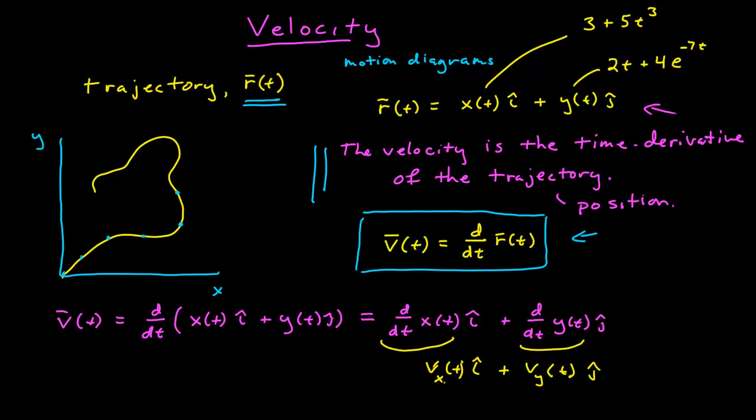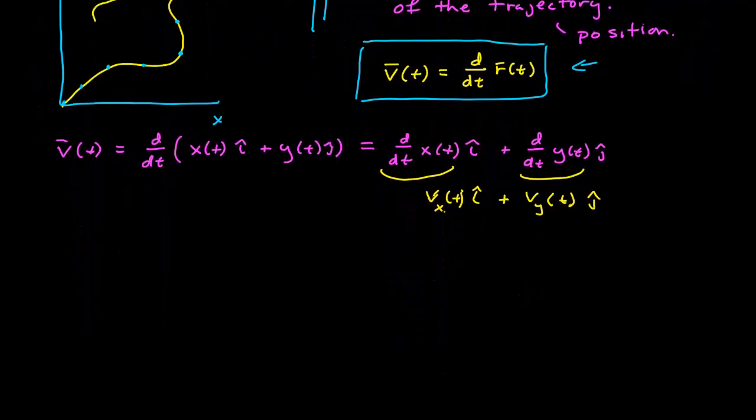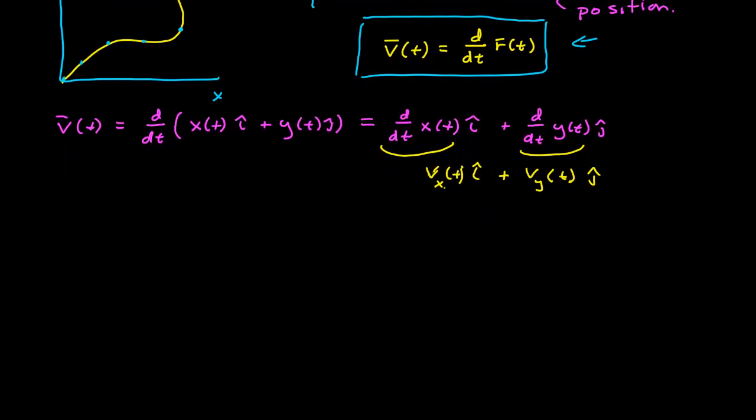And so if we are only in one dimension, 1D, for example, where we just work with the components, we might write that the x component of the velocity is just equal to the time derivative of the x component of the position, where the minus sign tells us what direction the vectors are, but we don't in fact use the vector notation a lot of times if we're simply in one dimension.